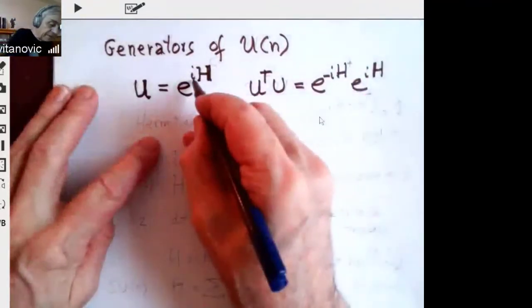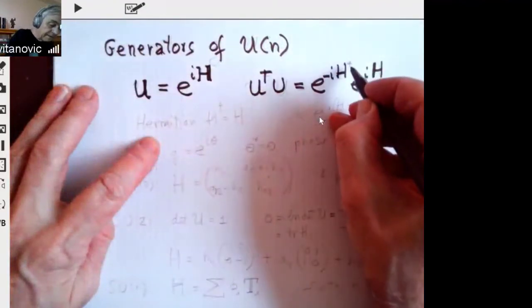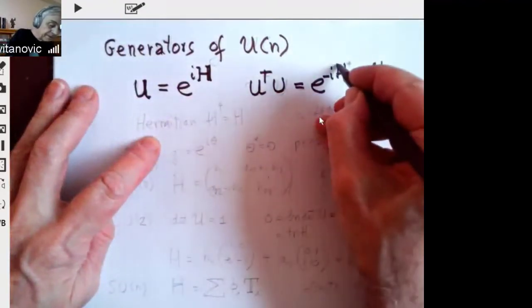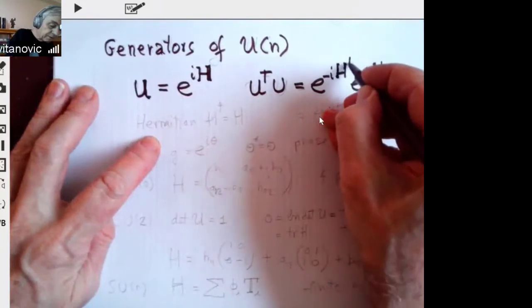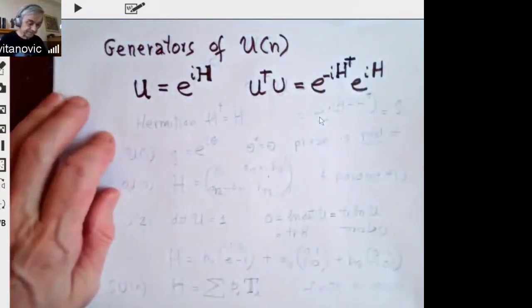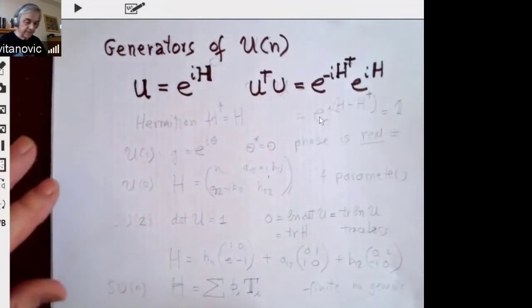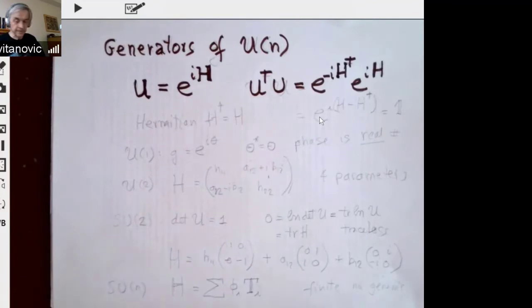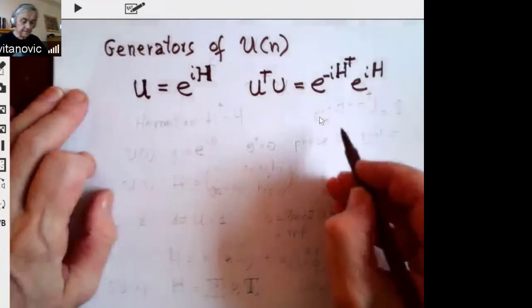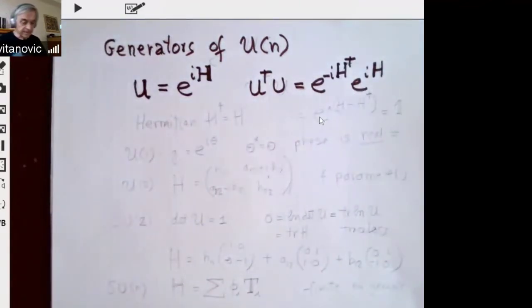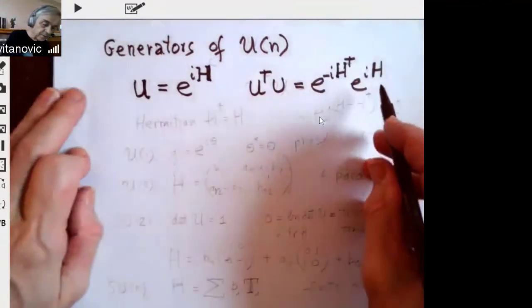But basically, I must go to minus I, and this matrix must go to its Hermitian conjugate. Now, you have to convince yourself that the matrix and its Hermitian conjugate commute.